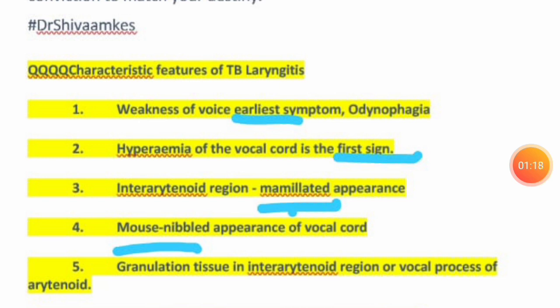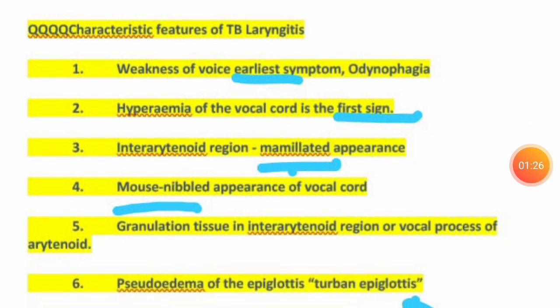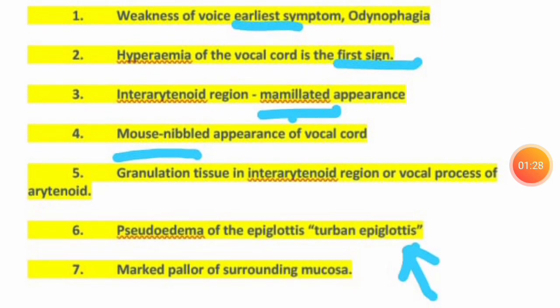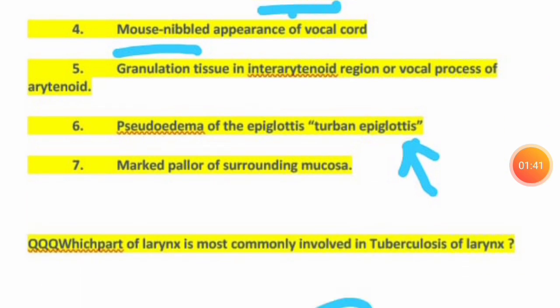There is a mammillated appearance of the vocal cords and in the interarytenoid region, with a mouse-nibbled appearance of the vocal cord, and granulation tissues are also present. There is a characteristic turban epiglottis, that is pseudoedema of the epiglottis, along with marked pallor in the surrounding mucosa of the larynx.